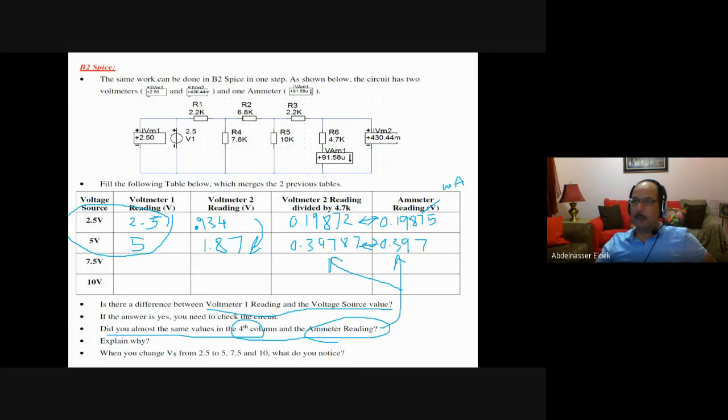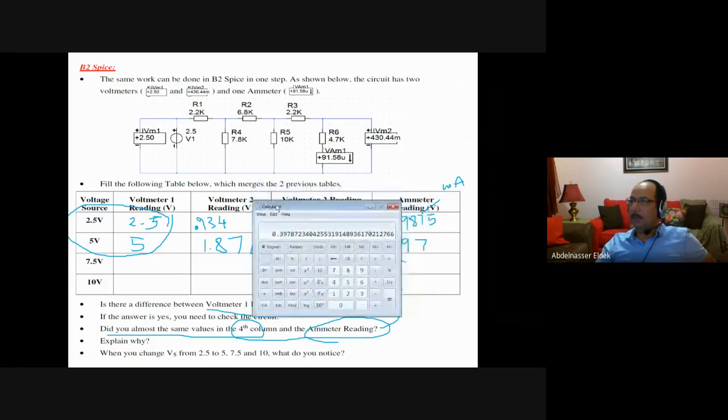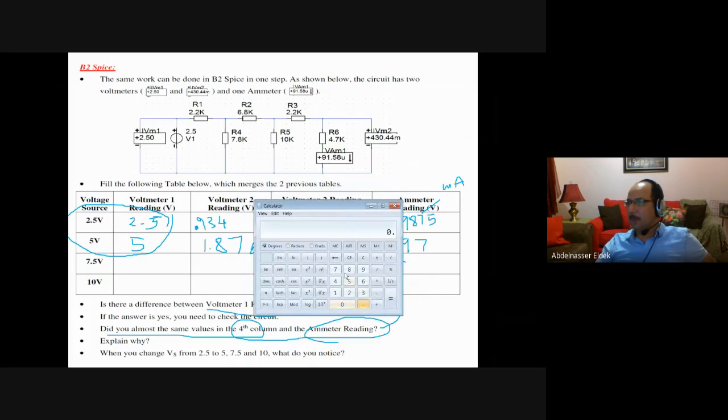So you see here from 2.5 to 5, you multiply by 2. Let us multiply by 2 to check. For example, the reading 0.934 multiplied by 2 will be very close to 1.87, 1.868. They are very close to each other.